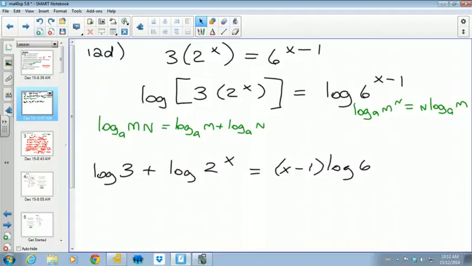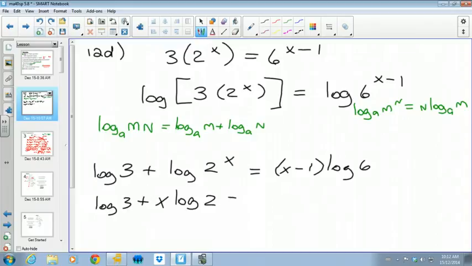But that's good, Michaela, because sometimes if this was a 3, that would have been advantageous. I still can use the power law over here with the log base 10 of 2 to the x. So I'm going to make that x log 2 equals, might as well distribute this forward now, x log 6 minus log 6.